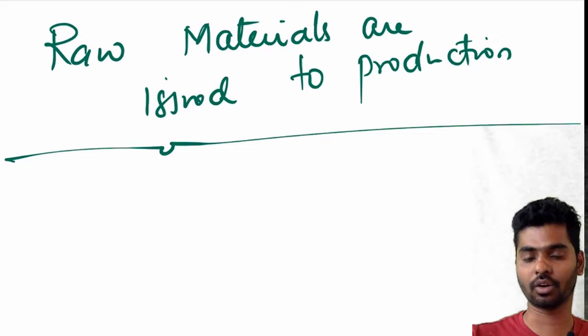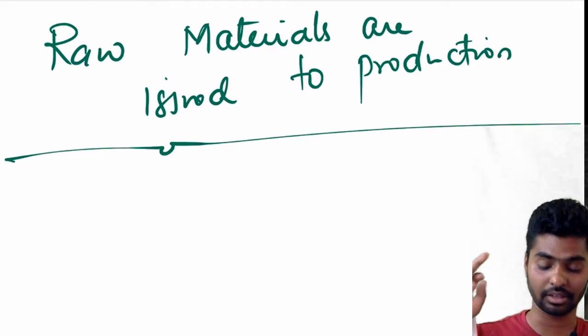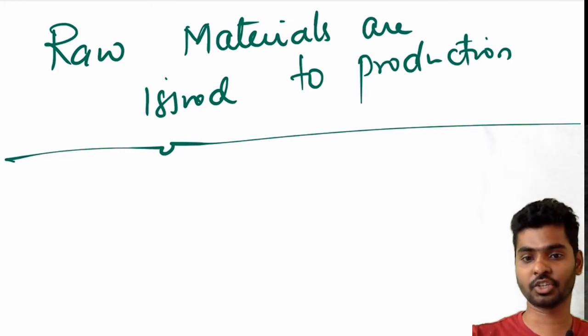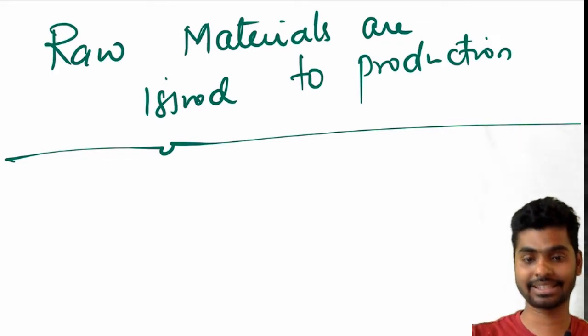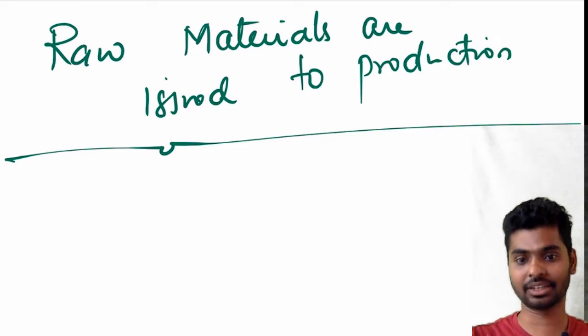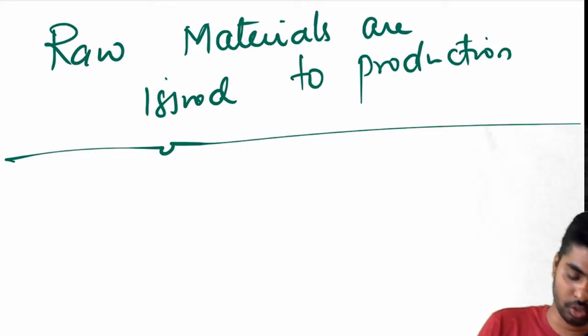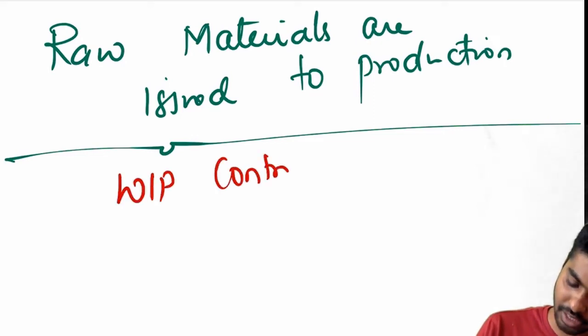Is it overhead or is it WIP control? Again, I'm asking, raw materials are issued to production. Who's the receiving department? Is it WIP, material control, or overheads? WIP, right? Super. So the journal entry will be WIP control account debit.